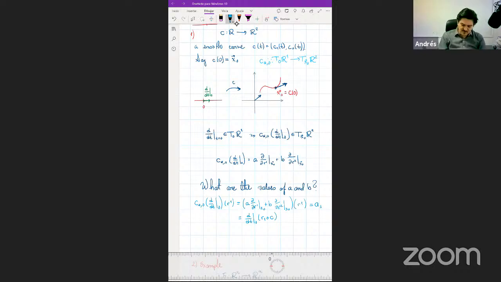But remember how we wrote down C? If I compose with R1, R1 is the projection of the first coordinate. So this is the derivative with respect to t of C1 evaluated at 0.